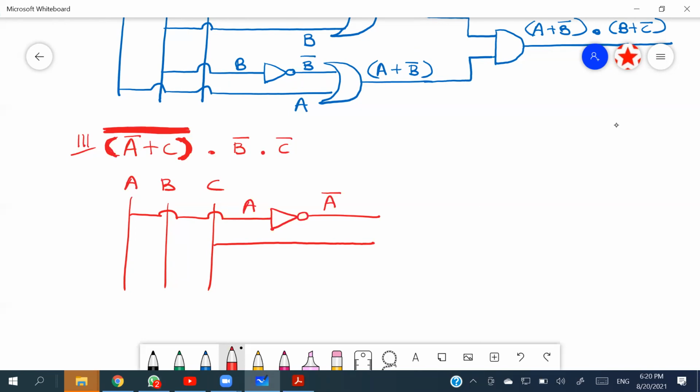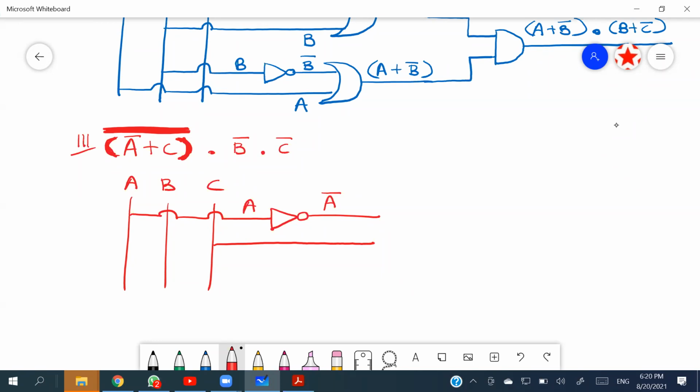But when the questions come in the examination, sometimes they give you the liberty to draw using your own gates, like any of the gates that you have learned. But in most cases, they will ask you to draw the diagram using only basic gates, right? So it's better you try to draw using the basic gates.